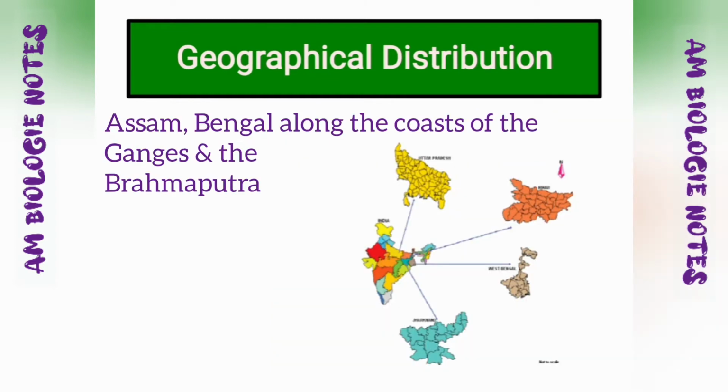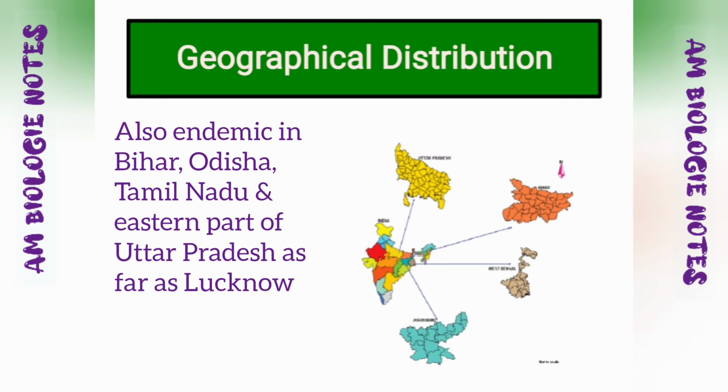In India, it is especially common in Assam and Bengal along the coasts of the Ganges and the Brahmaputra. It is also endemic in Bihar, Odisha, Tamil Nadu, and eastern parts of Uttar Pradesh as far as Lucknow.